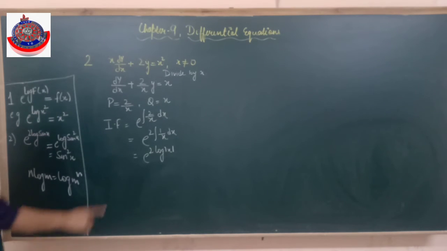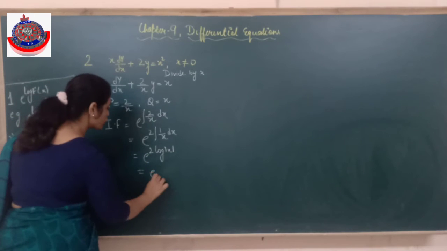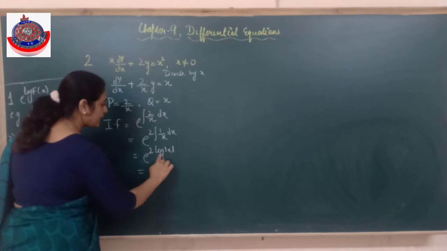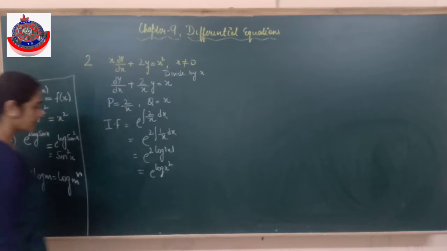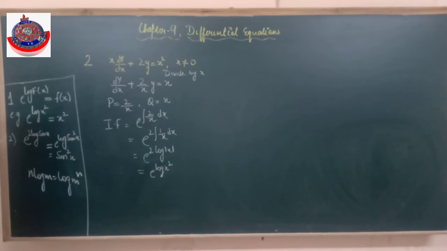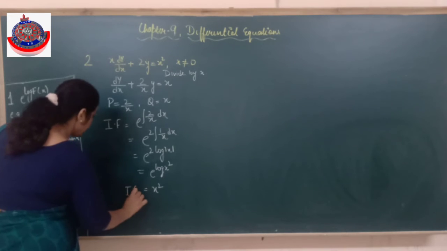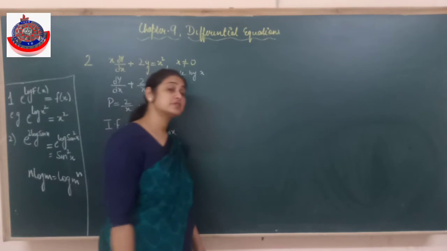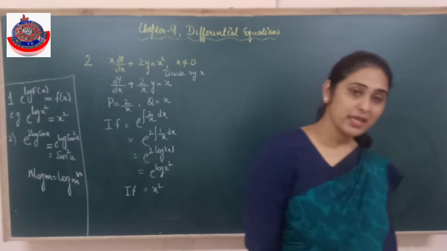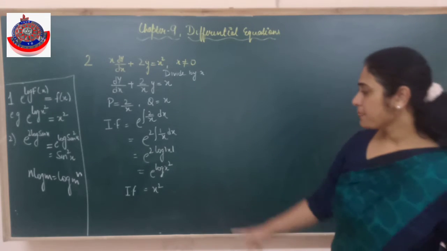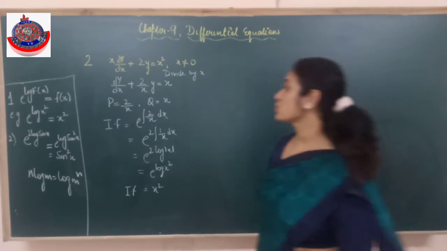First of all, this 2 I will remove from here because e and log should be in direct contact. n log m, that is log m to the power n, and e and log cancel. So my integral factor is x square, because e and log are anti-logs, like sin inverse and sin, or a matrix and its inverse. Clear?